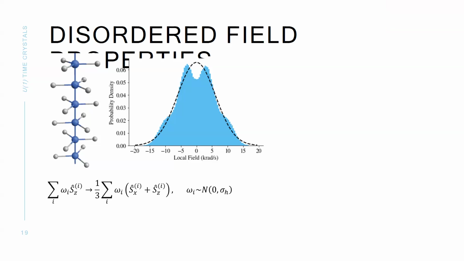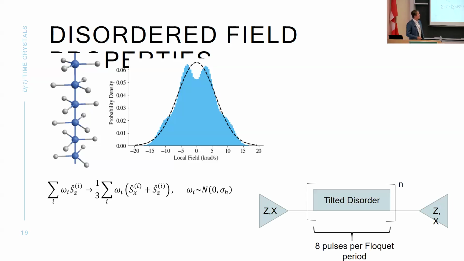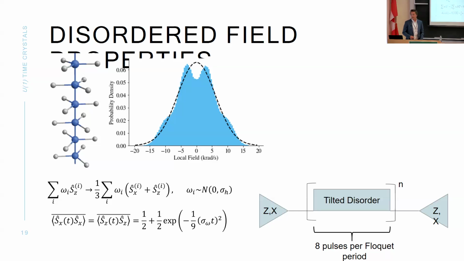And in order to characterize this experimentally, it behooves us to tilt the disordered field along a 45-degree axis in the X plus Z plane. That is, we have a tilted disorder by using Floquet engineering. So this does 2 things for us. We can extract the disorder strength via the experiments, as well as calibrate our ability to control the disordered field using our pulses and Hamiltonian engineering techniques.